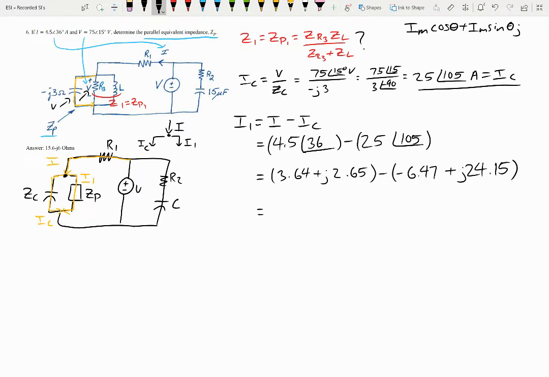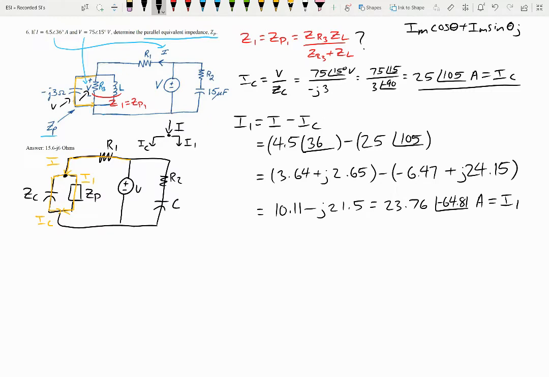Okay, now we'll just combine like terms, and combining like terms yields us 10.11 minus j21.5, which when we break down to the phasor form is 23.76 at angle negative 64.81 amps. And this is I1. Okay.